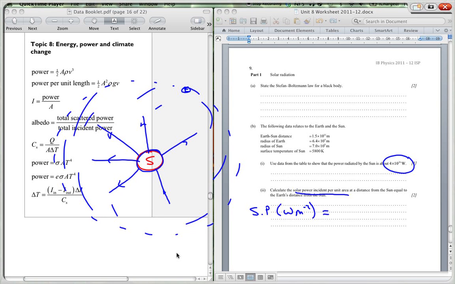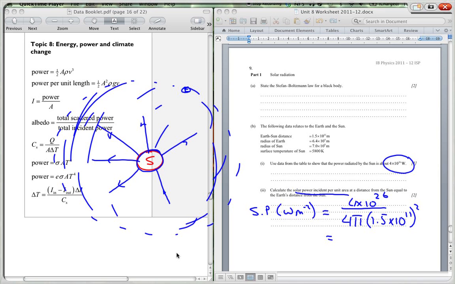That's going to equal the total power, so that's 4 times 10 to the 26, divided by the surface area of that sphere, because again, this is a giant sphere. It's going to be 4 pi, but now our R is the distance that the Earth is away from the Sun. So it's 1.5 times 10 to the 11, and we need to square that value.